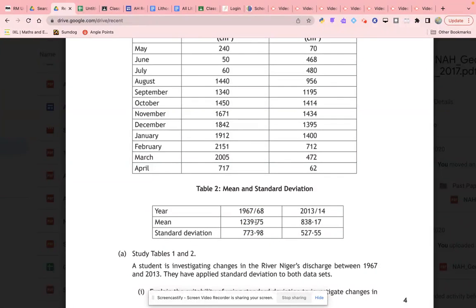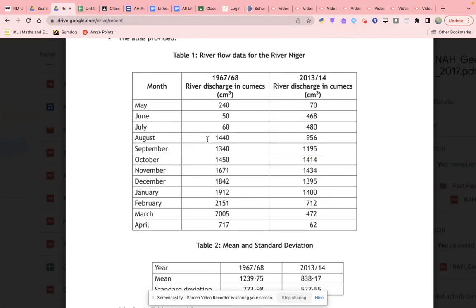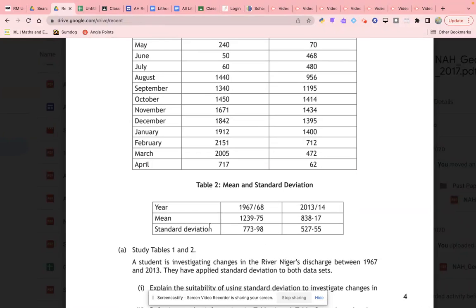So just roughly speaking, we're talking about a variance between 500 cumecs and 2000 cumecs. And if we actually look through this, most of these values do fall between 500 and 2000. We can see 1, 2, 3, 4, 5, 6, 7, 8 of the values fall between that range, with 4 of them not. Remember, 68% of the time, or 68% probability, that the rainfall is going to vary between that.